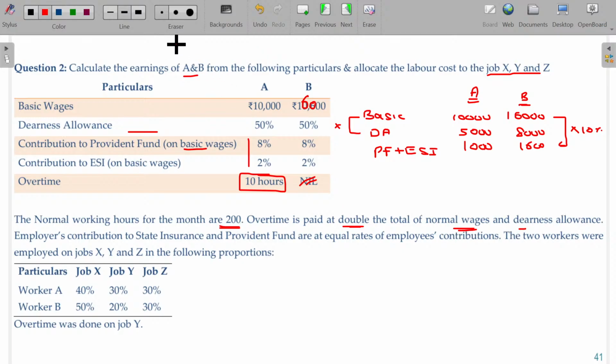What about the basic plus DA? For the overtime wages, overtime premium is equal to 2 times of the basic and DA. Basic and DA. Clear?